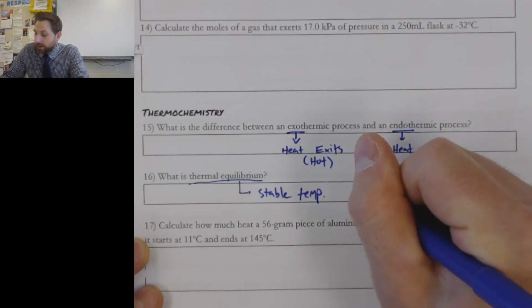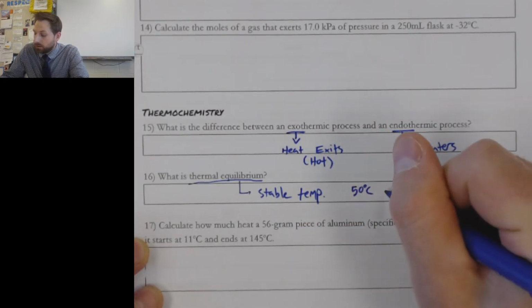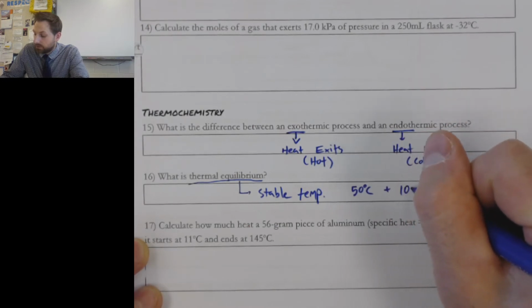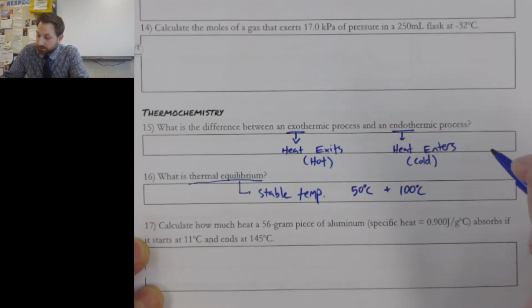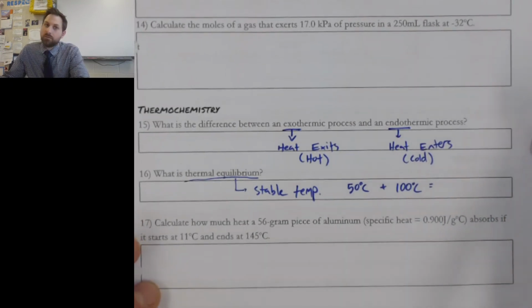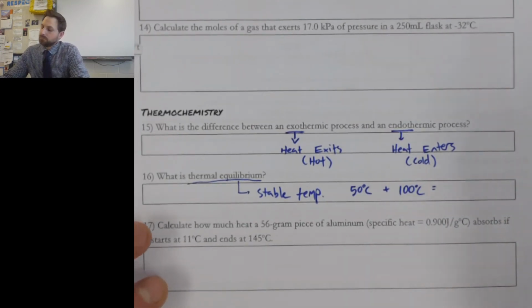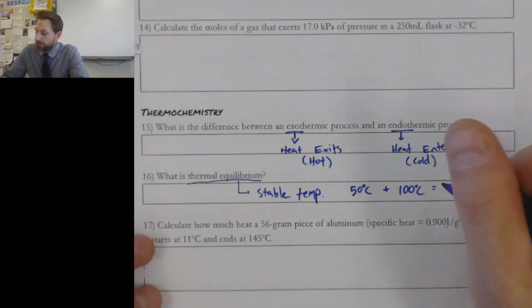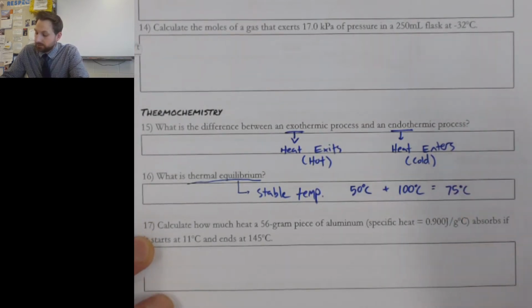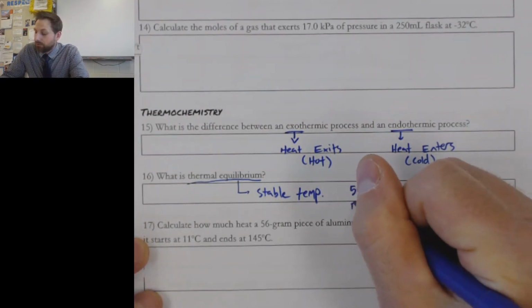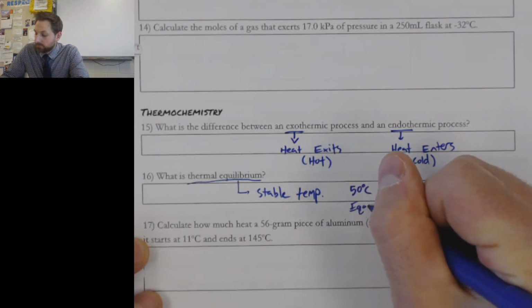So let's say you have 50 degrees Celsius water, you pour it into 100 degrees Celsius water. What's the equilibrium going to be? Halfway, right? 75 degrees Celsius. That would be with equal amounts.